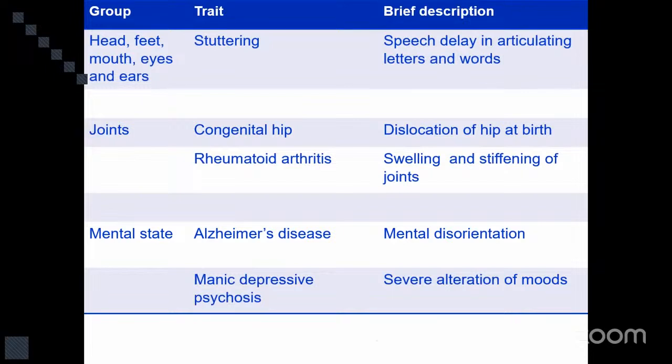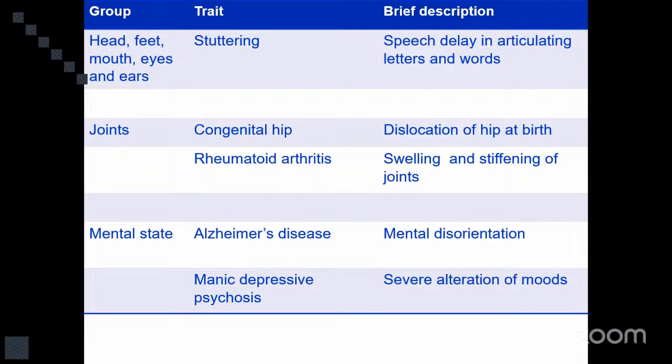All right. The other thing we need to appreciate is the fact that the head, the feet, the mouth, the eyes, and the ears can be affected. For instance, a classical case can be stuttering. When you hear people stuttering, you may think it's just a very complex situation.